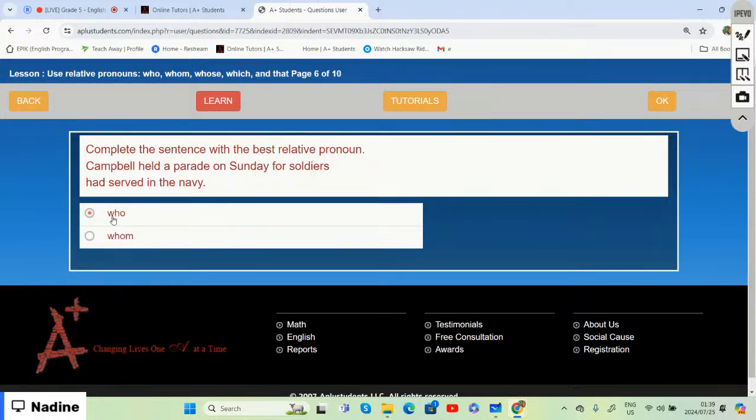So we need to say, is it who served in the Navy, or do we say whom served in the Navy? Option one or option two, who or whom?